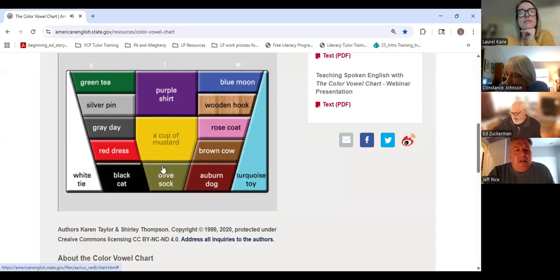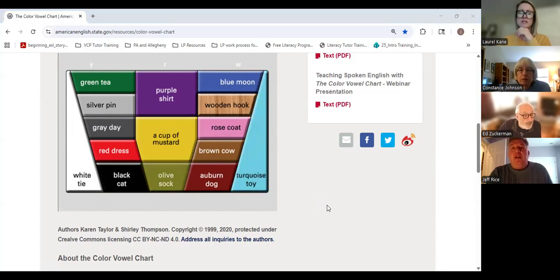Are people able to hear that over the share? Ah, olive sock. Ah, black cat. Oi, turquoise toy. Okay, great. So this page is great because you can use it and your students can use it to practice.